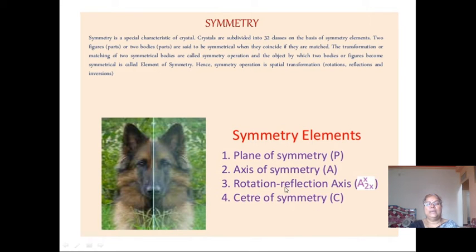There is also the rotation-reflection axis, but it is not for your study. You only have to study three elements of symmetry here: plane of symmetry, axis of symmetry, and center of symmetry. This is a symmetric figure of a dog.